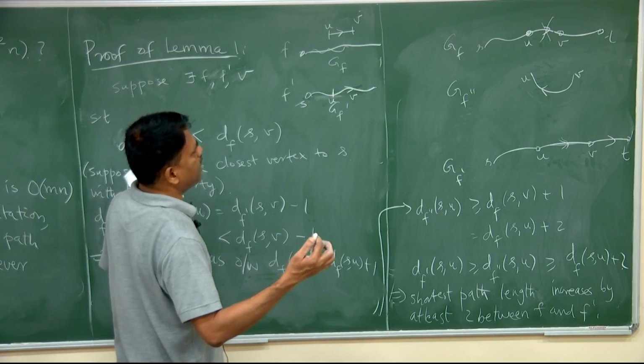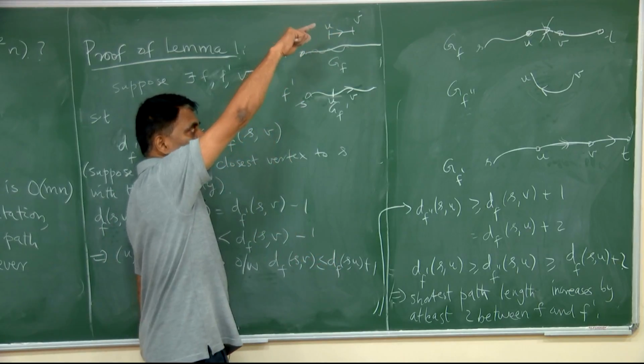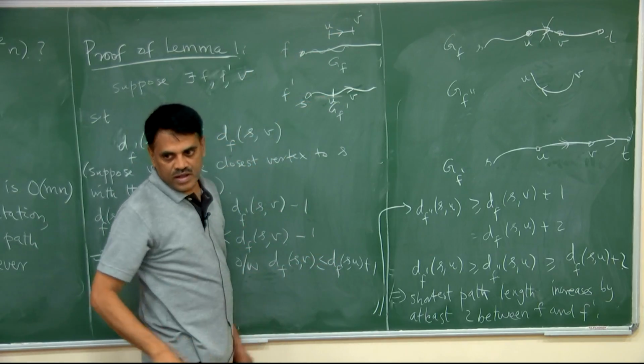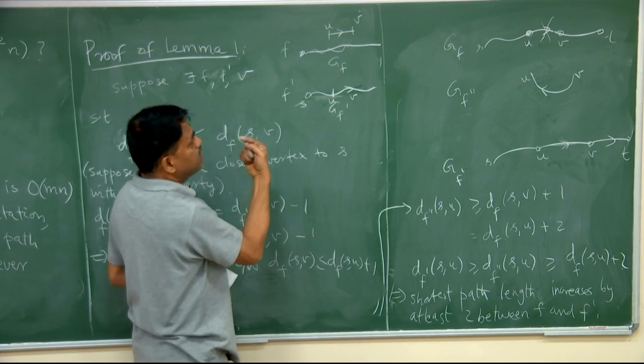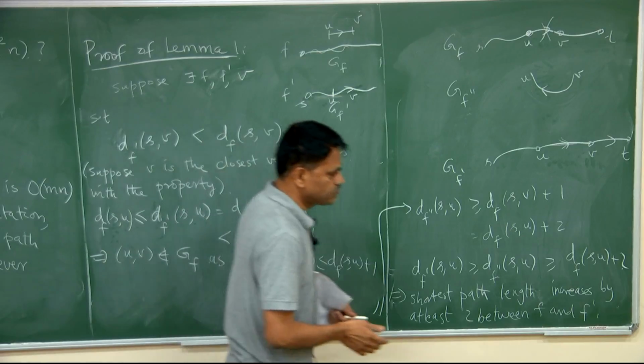Now, how did that happen? UV was not in GF, but it is in GF prime. Then you have something similar like this, that there must have been a flow in the direction of V to U, right?